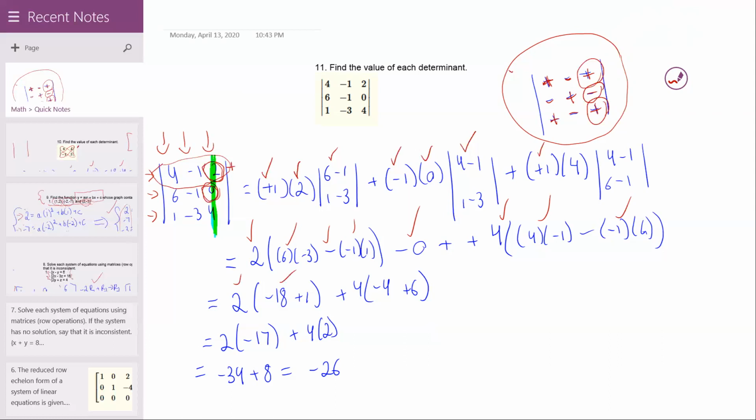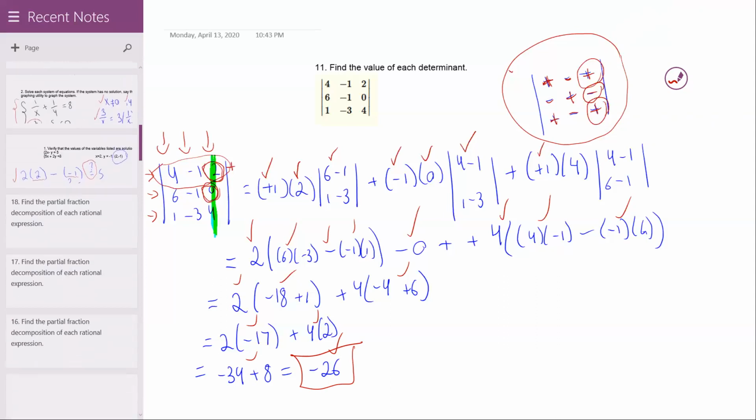So 2 times 18 plus 1, plus 4 times -4 plus 6. 2 times -17, 4 times 2, -34 plus 8 equals -26. And then this is your final answer. There are a couple determinants later on, and I'll make sure to do them in different directions so that you can see that it works no matter which column or row you choose. So I'll move on to number 12.